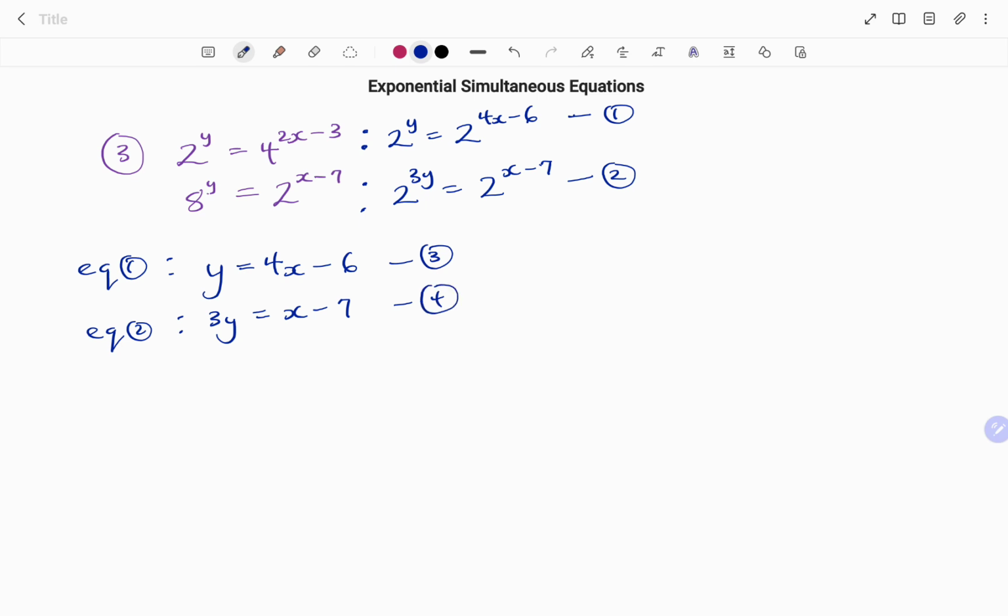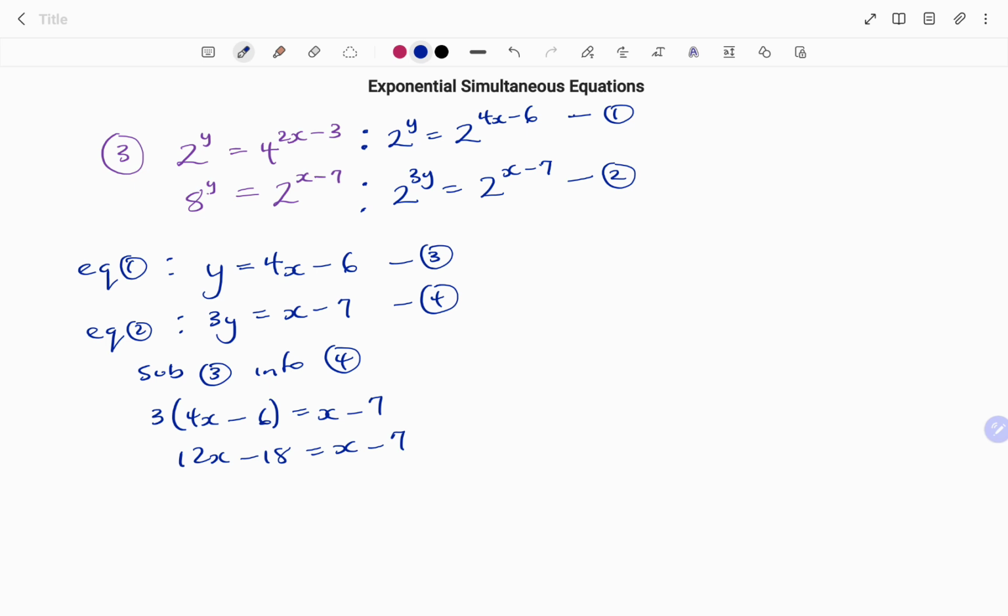Now, because in my third equation I have y equals 4x minus 6, using the substitution method, I'm going to substitute equation 3 into equation 4. So every occurrence of y, I replace it with 4x minus 6. 3(4x minus 6) equals x minus 7. Expanding the brackets, 12x minus 18 equals x minus 7.